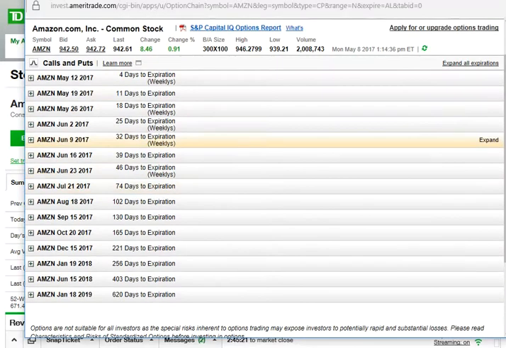The first thing you see is all of these different dates. At the top is May 12th. Today is May 8th, 2017, and May 12th is 4 days from now, which means all these stock options expire 4 days from now. Just a little footnote: all stock options expire on Friday unless there's a holiday and the market is closed on Friday.